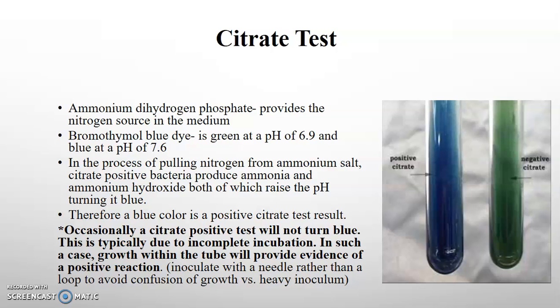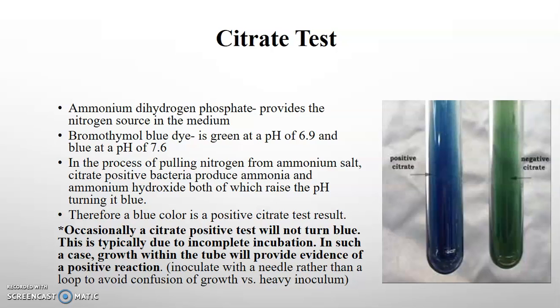However, with the plates, typically the pH would go down to cause the color change to happen. Remember with the mannitol salt agar, when that pH went down, it turned yellow. With the MacConkey agar, when the pH went down, it turned bright pink. Well, with these test tubes, for the color change to happen, the pH actually is going to go up.